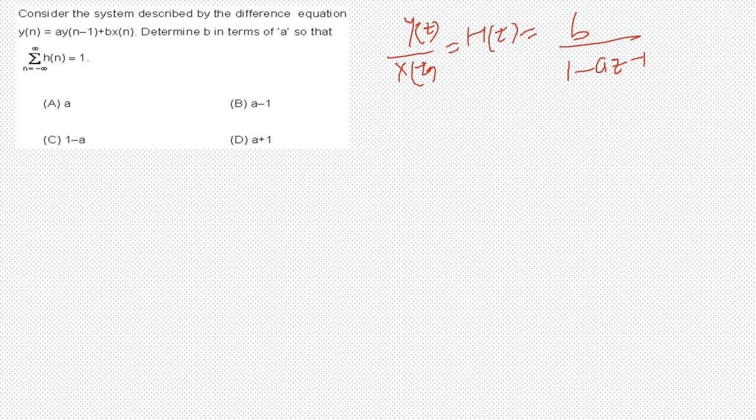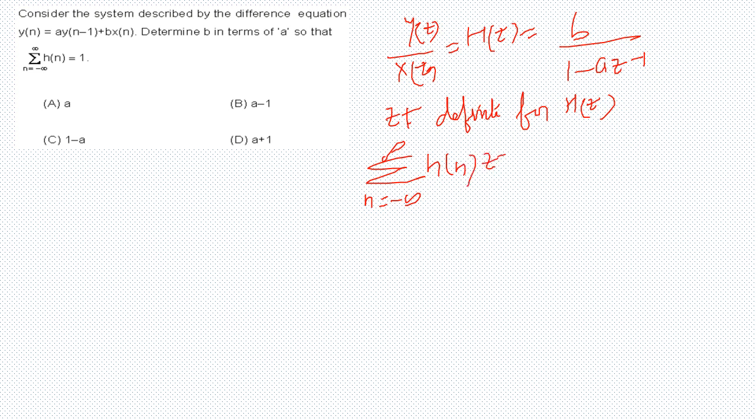Now you can directly use the z transform definition for H(z). If you write the definition, it will be the sum from n equals minus infinity to infinity of h[n] z to the power minus n, equal to b over 1 minus a z inverse. This is by definition of the z transform.